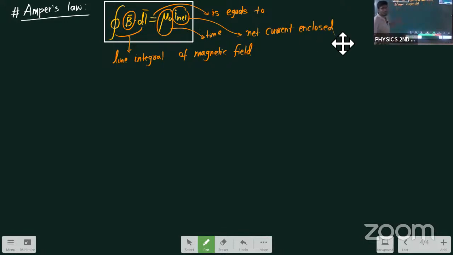So this is the statement for Ampere's law: the line integral of magnetic field is equal to mu naught times the net current enclosed in a loop. It is applicable for closed surfaces.